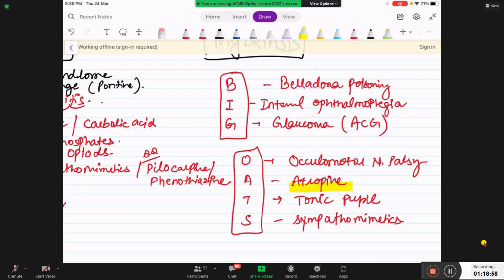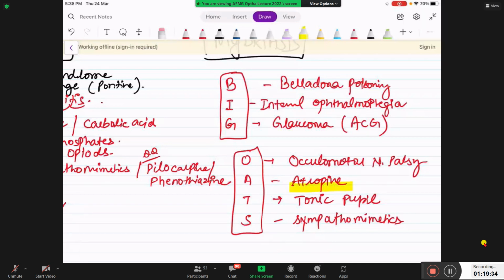Atropine is frequently used in ophthalmology, and remember, atropine will dilate the pupil, whereas pilocarpine will constrict the pupil. In open angle glaucoma, the pupil will be normal sized, with normal reaction, whereas in angle closure glaucoma, the pupil will be dilated.